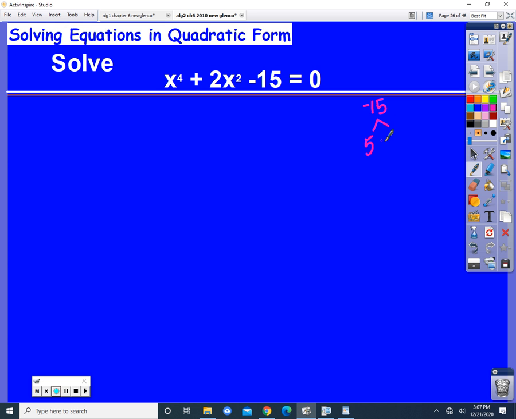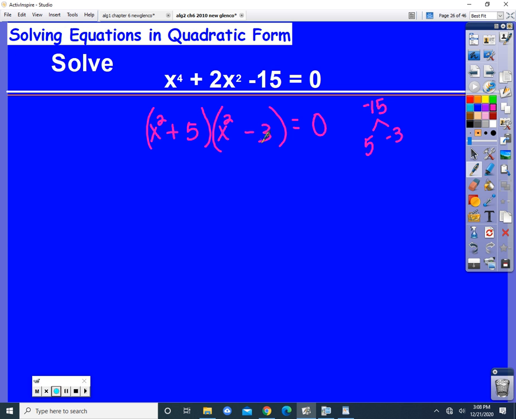That would be positive 5 and negative 3. So you can actually use the quadratic method to help you do this. You just have to remember that you're not using x's here, you're using x squares. And then you do plus 5 and minus 3.